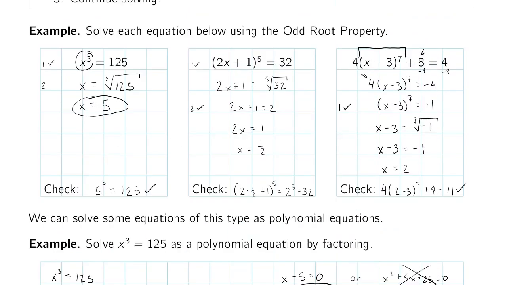That's the same solution we got with the odd root property, but I think that the odd root property gives it to us a lot more easily. So if we have an equation that we can solve as both a polynomial equation and a power equation, we get the same solution either way, which is good.